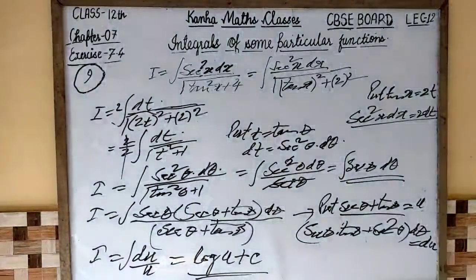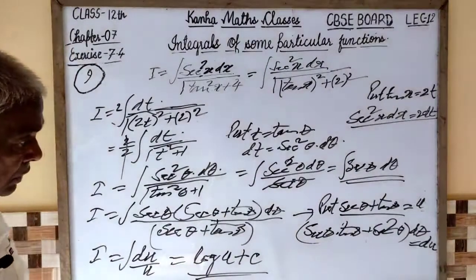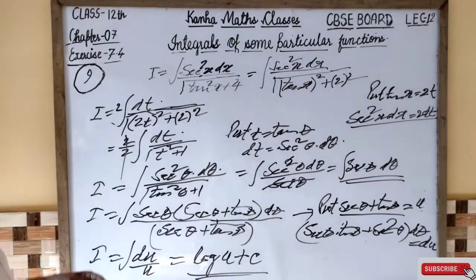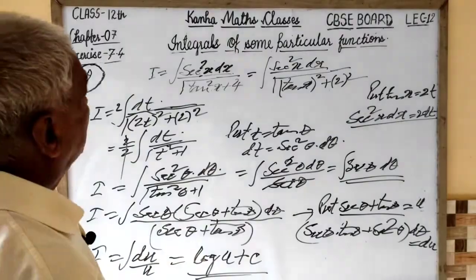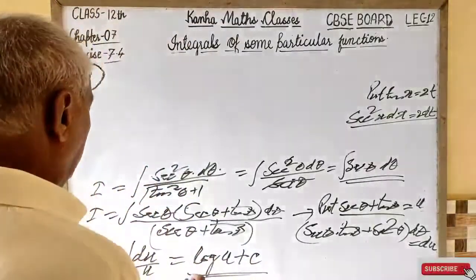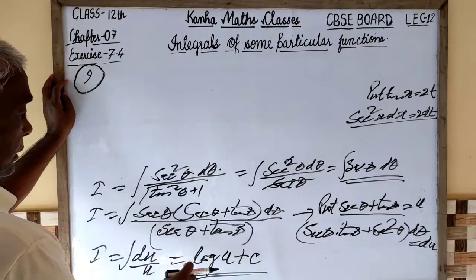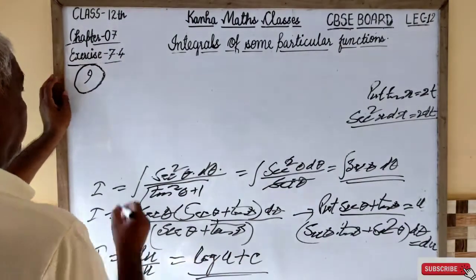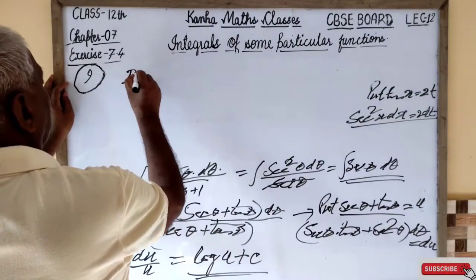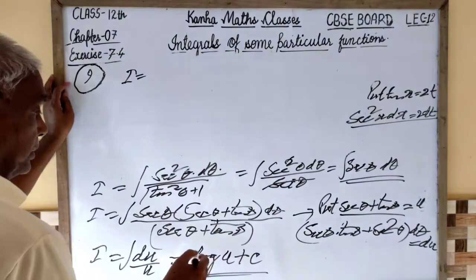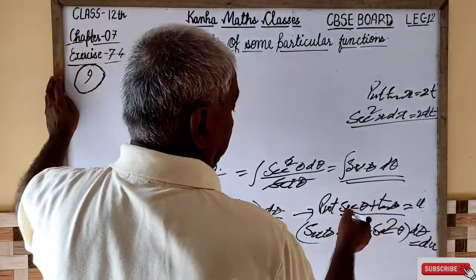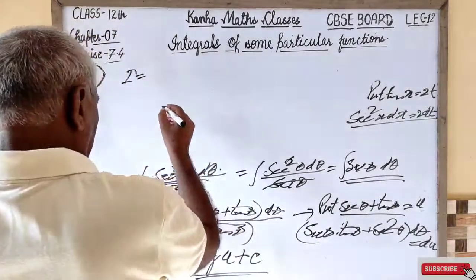Now due to lack of space in the blackboard, we want to rub some upper part. Now we will start from here. Integral I is equal to log u plus c. We will resubstitute the value of u, that is sec theta plus tan theta.